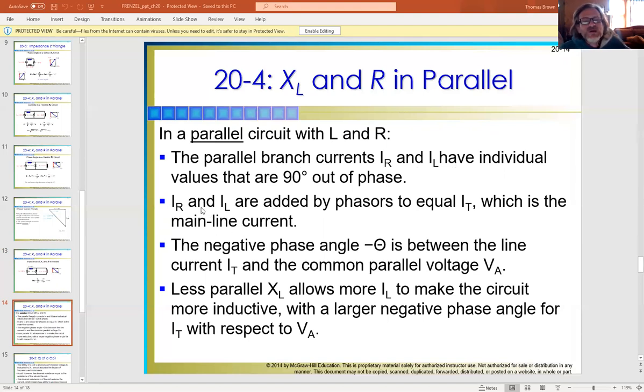So, yep, and then we go ahead and plug in our current values, get our overall magnitude, and that would be the main line or the I total or the feeder current, if you will. And then because of the phenomenon, we always look at it as a negative phase angle that's developed between the line current and the common parallel voltage. So we do get that lead lag phenomenon that's occurring here.